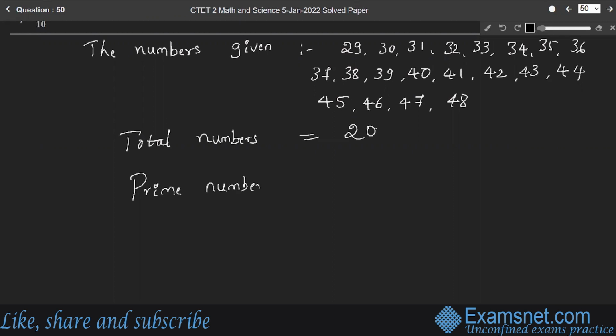So here, the prime numbers are: 29 is a prime number, 31, 37 is a prime number, and 41 is also a prime number, 43 and 47, right?